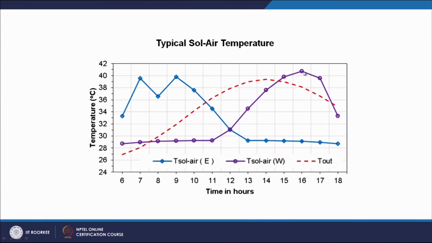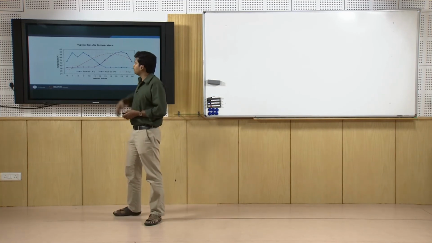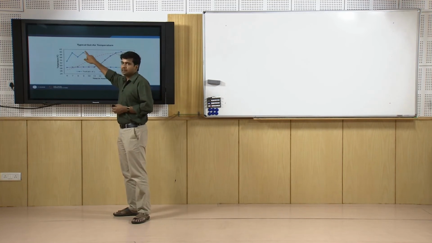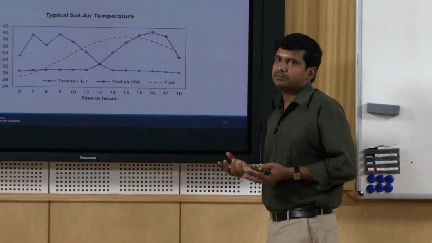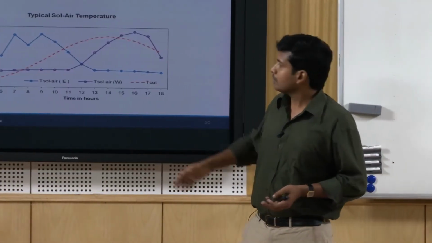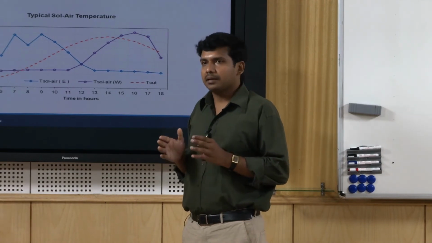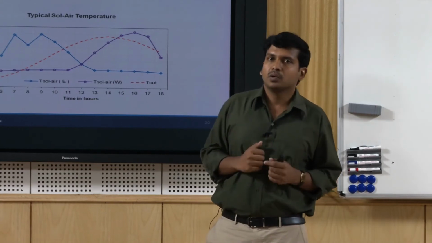What is the impact on building design? For example, if you have a wall which is part of a bedroom, and your bedroom wall is exposed to the eastern side, the sol-air temperature will go as high as 40 degrees in the morning, then it will cool down. So when you want to occupy it somewhere around 9 o'clock in the night, the surface temperature is not that high, so including the time lag which we will discuss later, the inside temperatures will be relatively cooler.